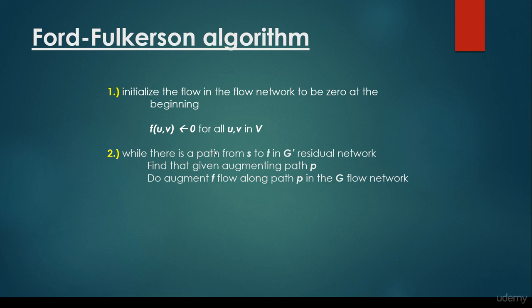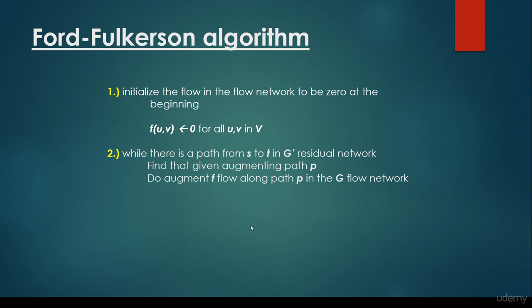And while there is a path from S to T in the G prime residual network, we have to find that augmenting path P, and we have to augment the flow f along the path P in the G flow network. This is what I have been talking about: first we have to look for the augmenting path in the residual network.